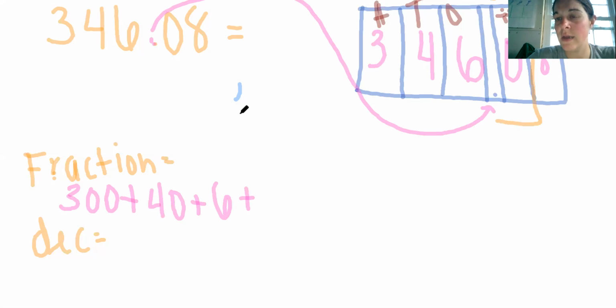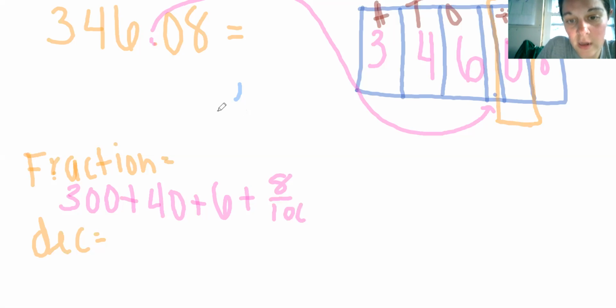Now we're getting into some fanciness right here. I have 0 tenths. So what do I do if I have 0 tenths? Do I have to write 0 over 10? No, I'm going to skip it, just like I would if there were a 0 in another place value. We're going to go to our next and last place value, which is our hundredths, and we have 8 hundredths. How do we represent that as a fraction? 8 over 100.